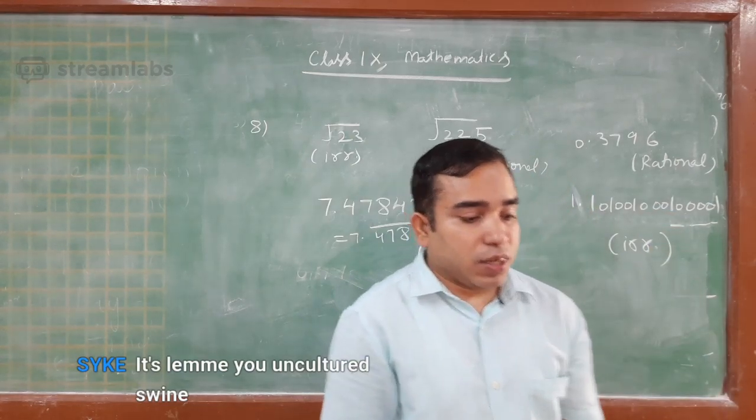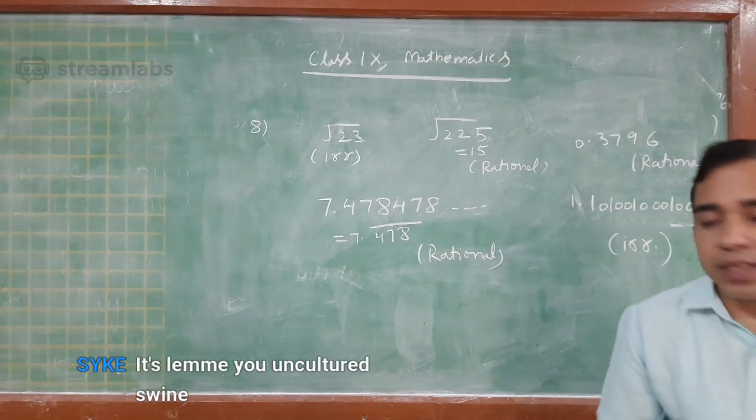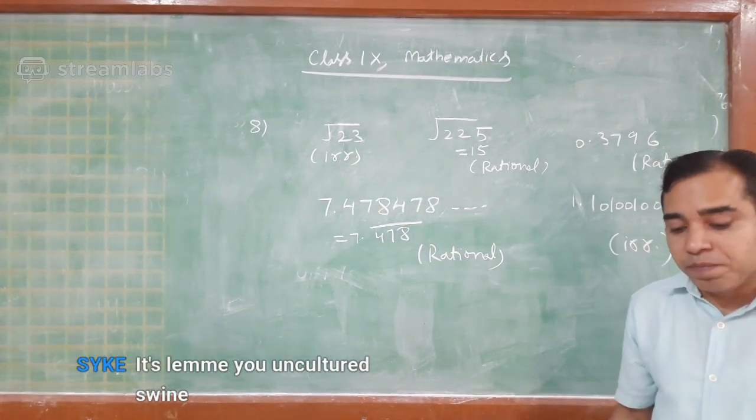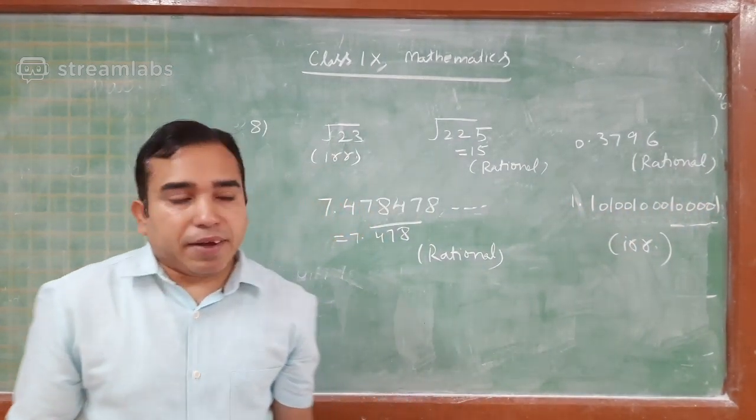Right? So these are the questions in exercise 1.3. Now let us take exercise 1.4, which is also based on showing these rationals on the number line.